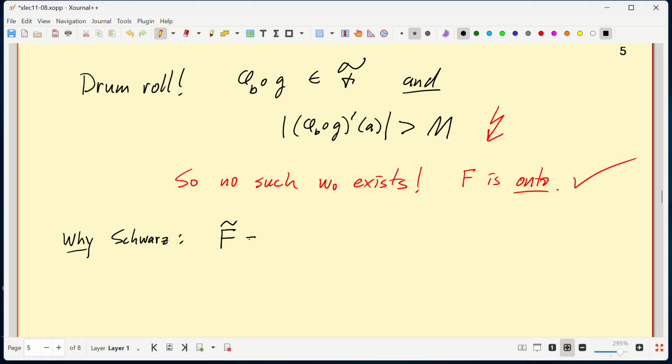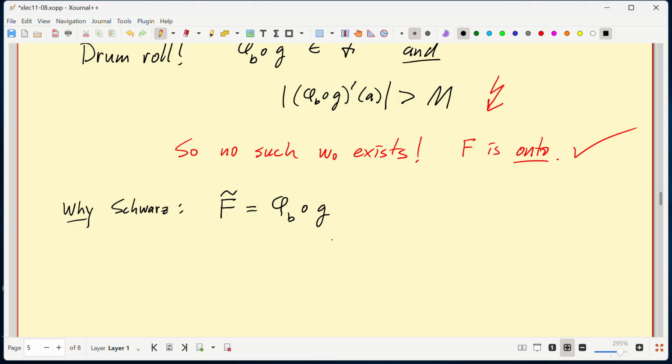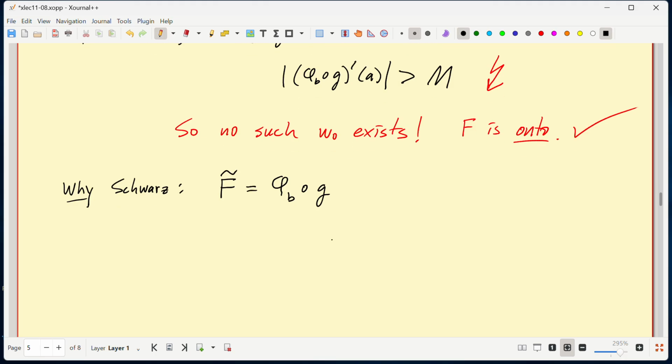It's going to be this thing with a bigger derivative, so it's going to be phi sub B composed with G. Okay, so let's check. You check that.